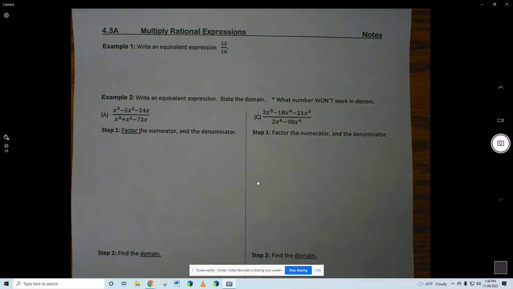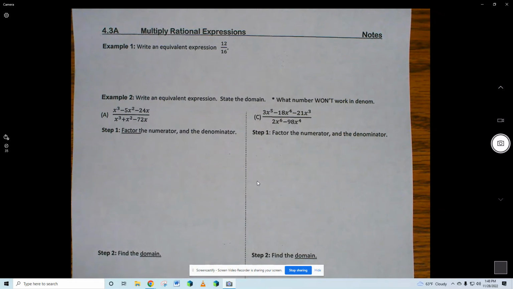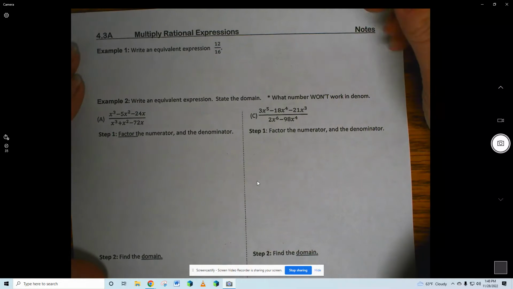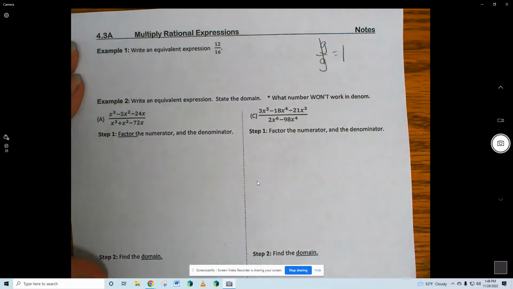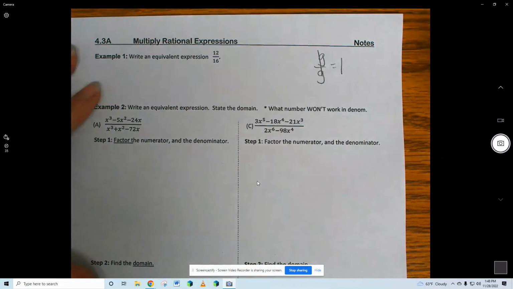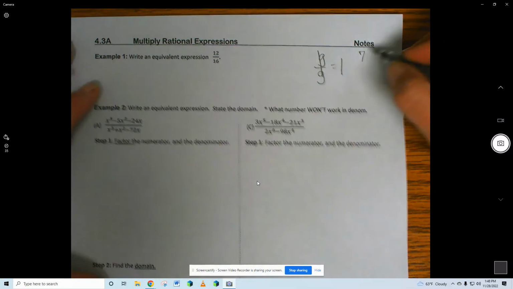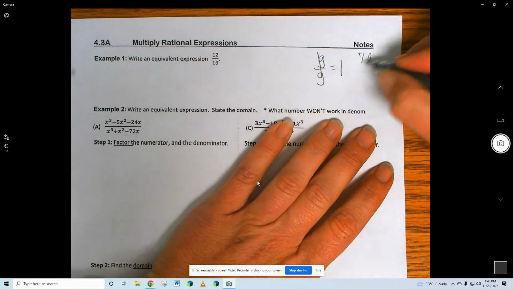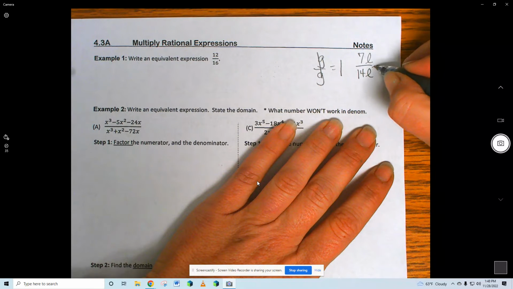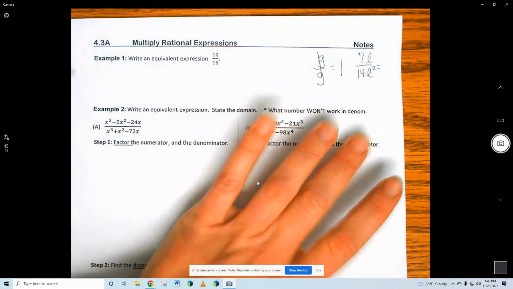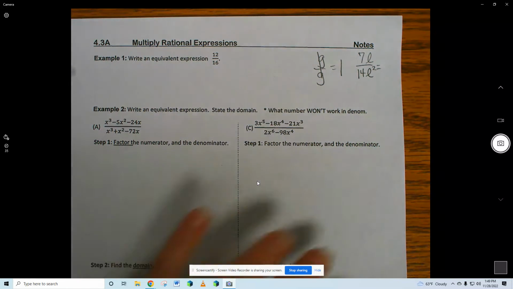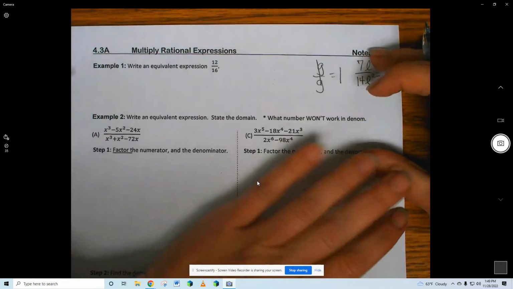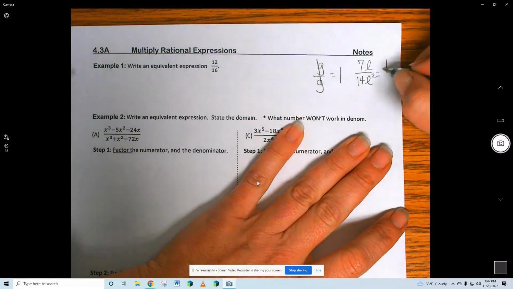So we all know that if I had like g over g, I could easily cross that out and make a 1. Okay? Or if I had 7L over 14L squared, then I could simplify the 7 and the 14, 1 over 2.